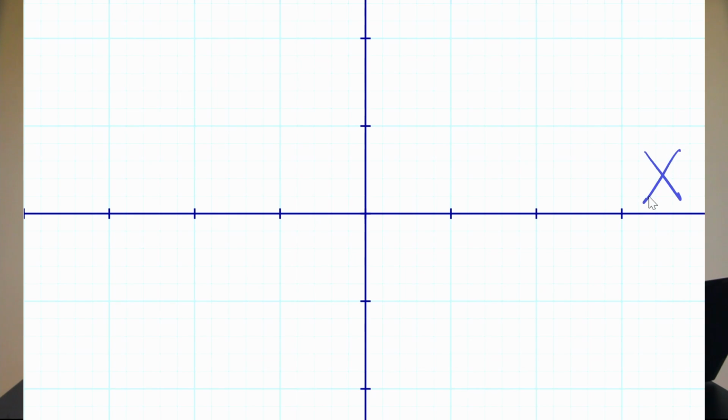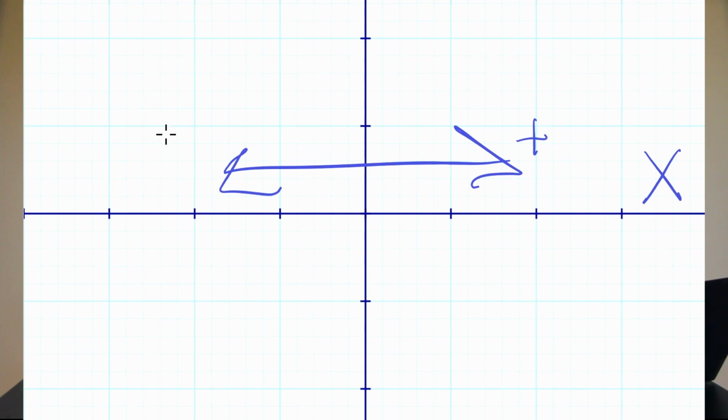But here's a rather arbitrary choice. Where do we put our axes? Well, thinking generally, our x-axis is the horizontal axis and it goes left to right. Positive values to the right, negative values to the left of the origin. The y-axis is the vertical axis. It has values going up and values going down.